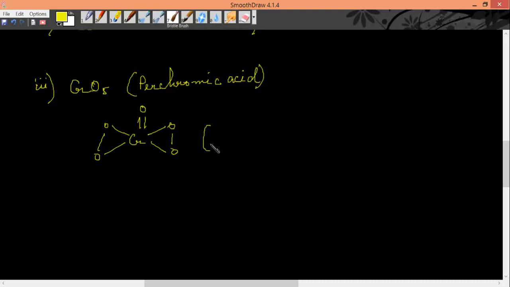Very similar to a butterfly structure, so it is known as butterfly structure. We have to calculate the oxidation number of this chromium atom.